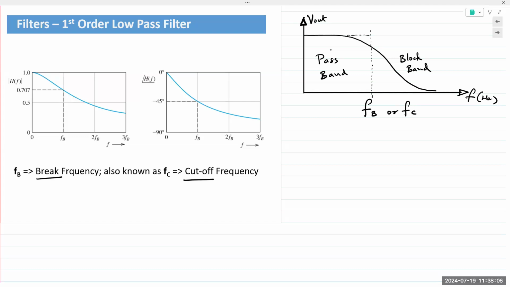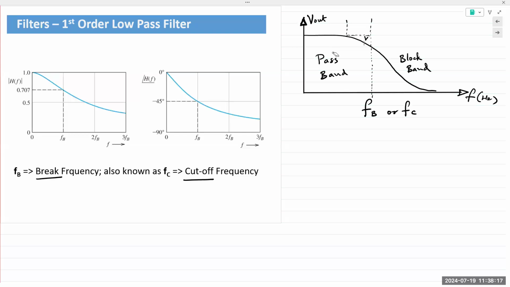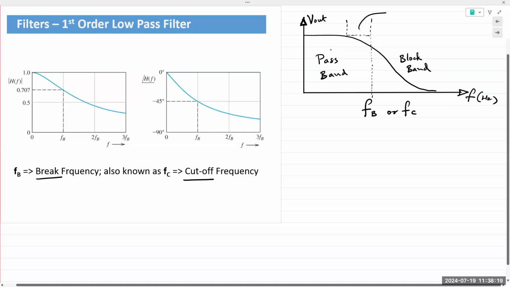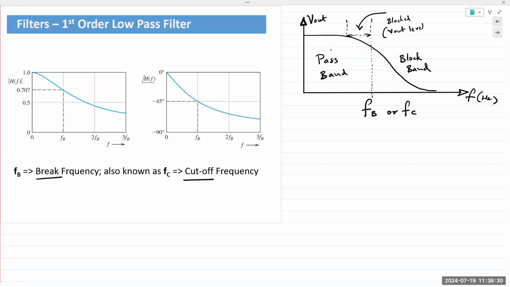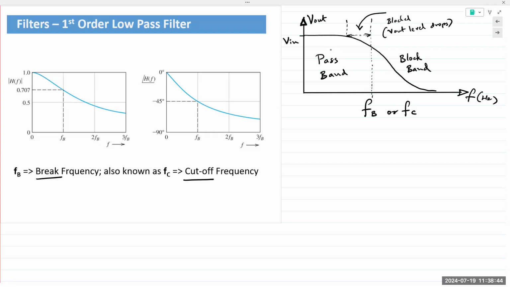And if you see to the left of this pass band, there are certain frequencies that are blocked in the sense that their V out level has dropped. It's not 100%. So if this is the level of V in, V out should be equal to V in below the break frequency or below the cutoff frequency.